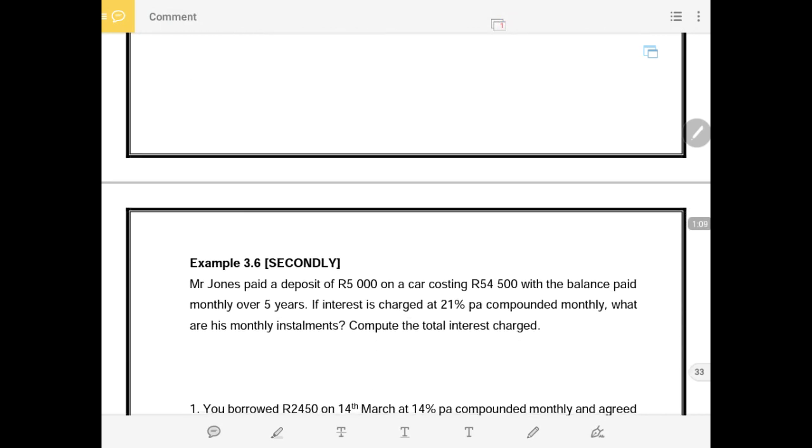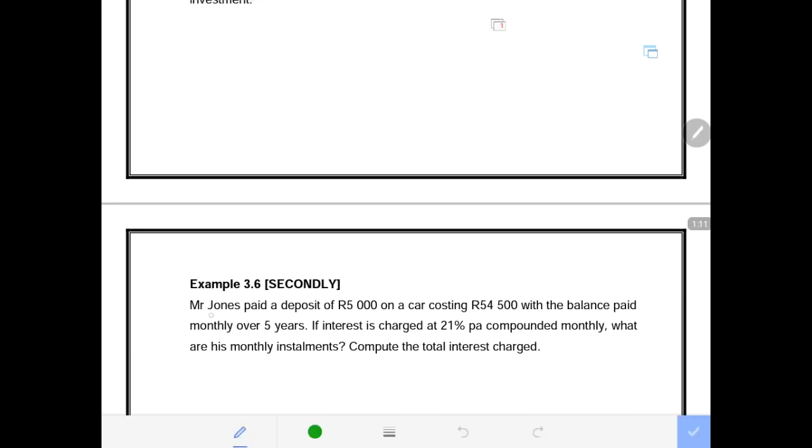Now, example 3.6 says Mr. Jones paid a deposit of 5,000 on a car that cost 54,500.